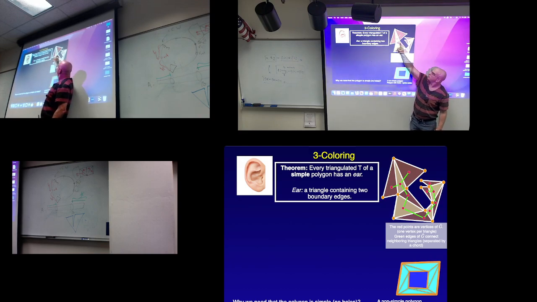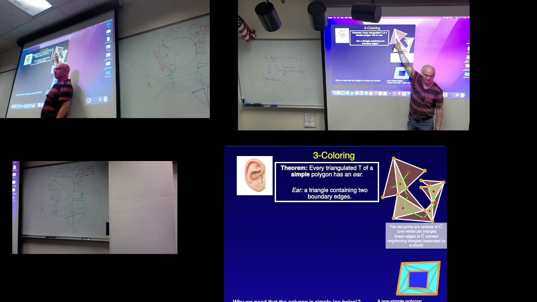I can move from this vertex to a neighboring vertex, moving through an edge of the triangulation, a triangulation chord, and you can do it again.